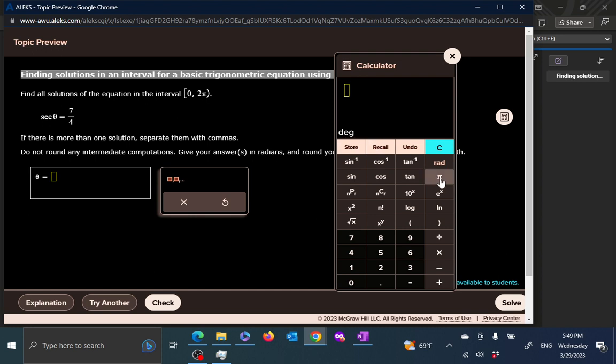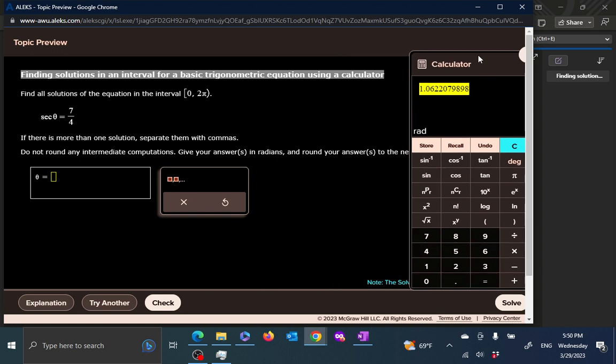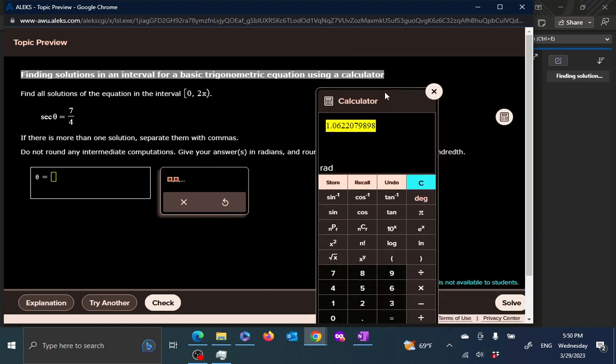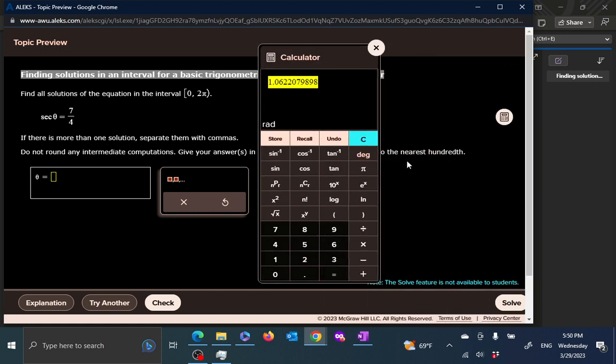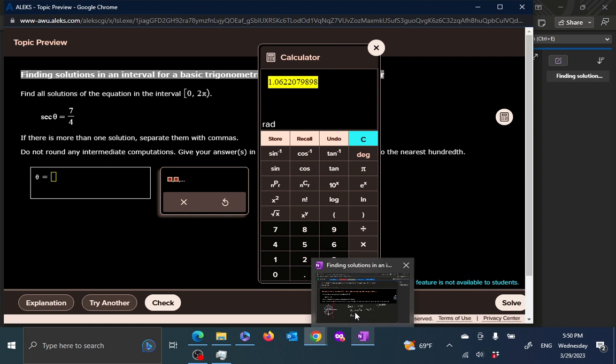That's going to be a main cause of problems. Here's our radians. And then tangent inverse of 1.7937 and equals. Okay, round it to 2. So we are going to round this to the nearest hundredth. Is that right? Nearest hundredth. And we have 1.06. 1.06 is the number we are looking for.